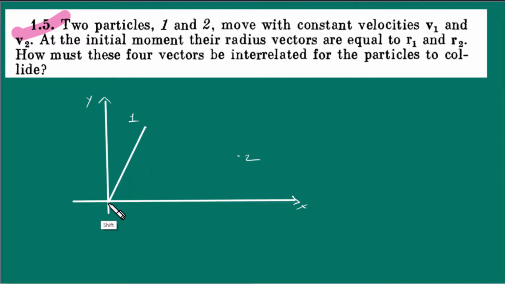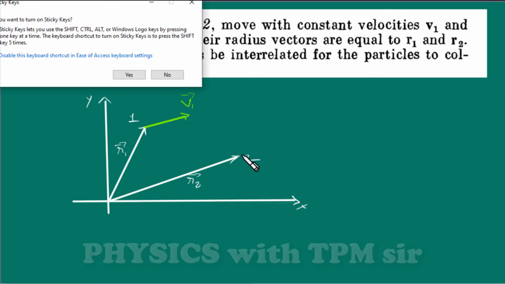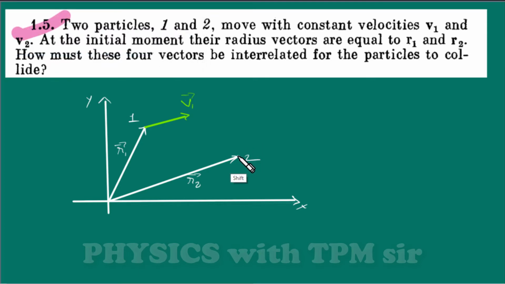This is the position vector of particle 1, and this is the position vector of particle 2, right? Now, suppose particle 1 is moving with some velocity v1, and particle 2 is moving with velocity v2. This is how they are going. Now, this is the situation at present.